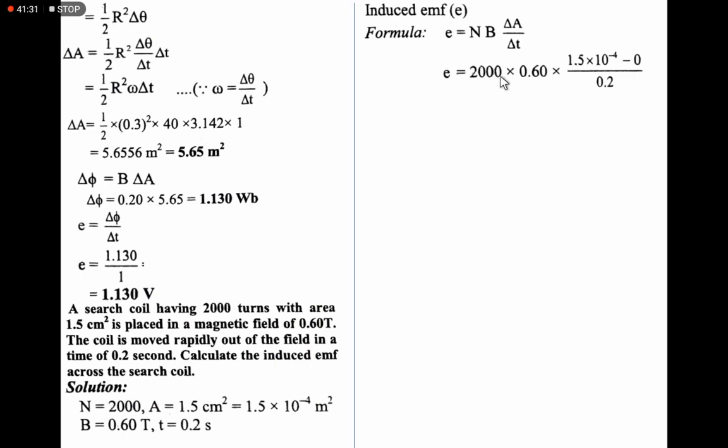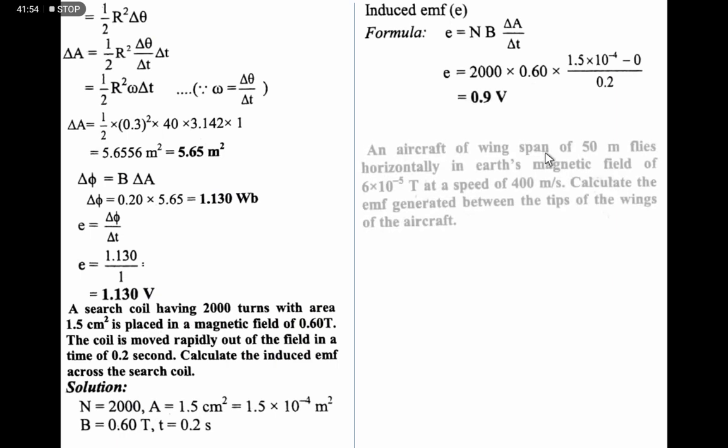N is 2000, B is 0.60, and area is change in area with respect to time. Time is 2 seconds and area is 1.5 into 10 to the power minus 4. Initial and final area. So we'll get it is 0.9 volt.